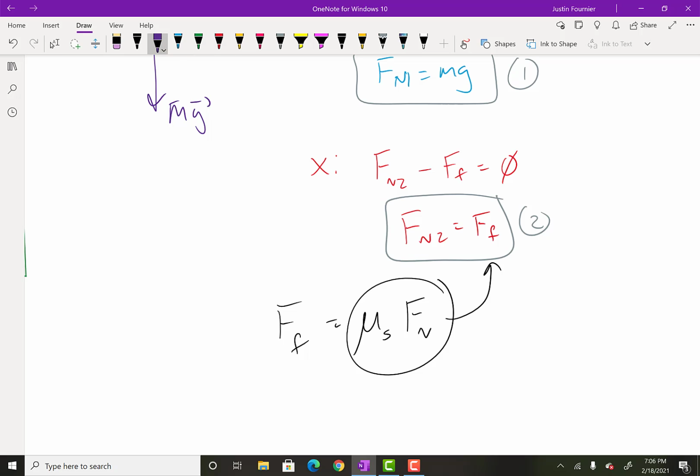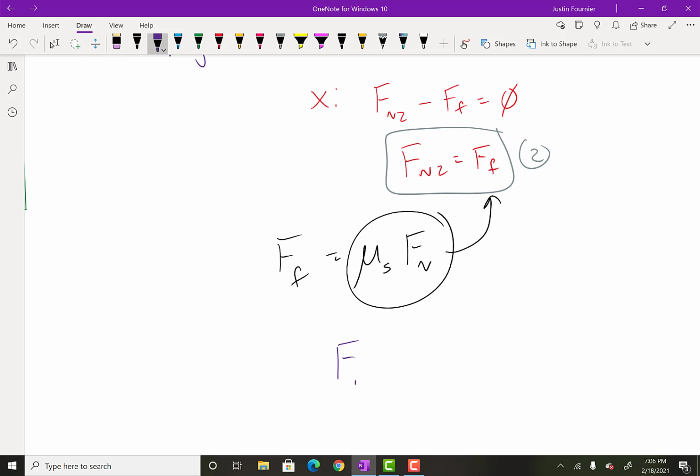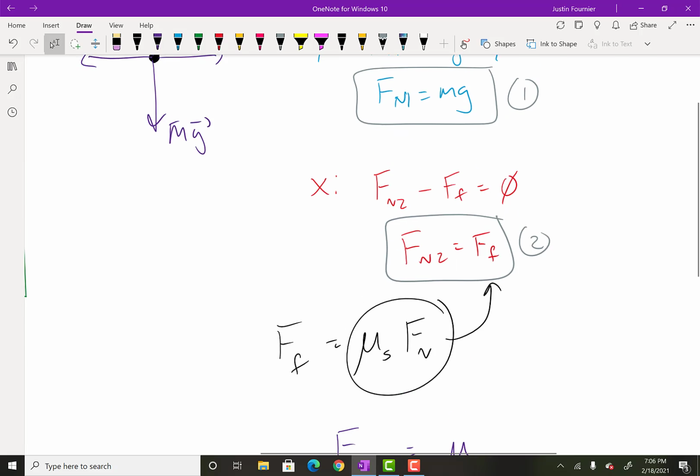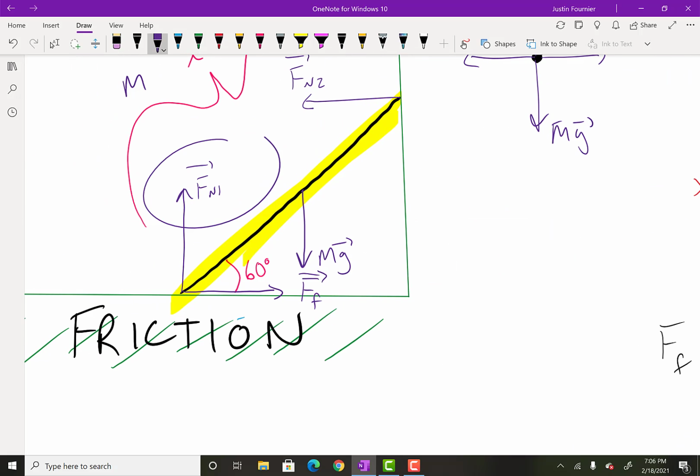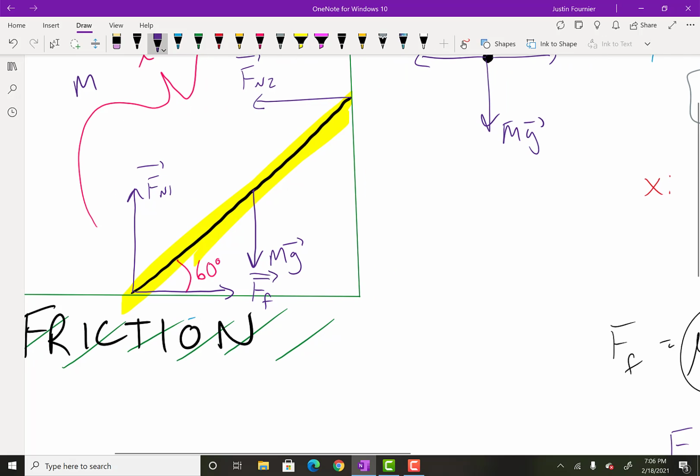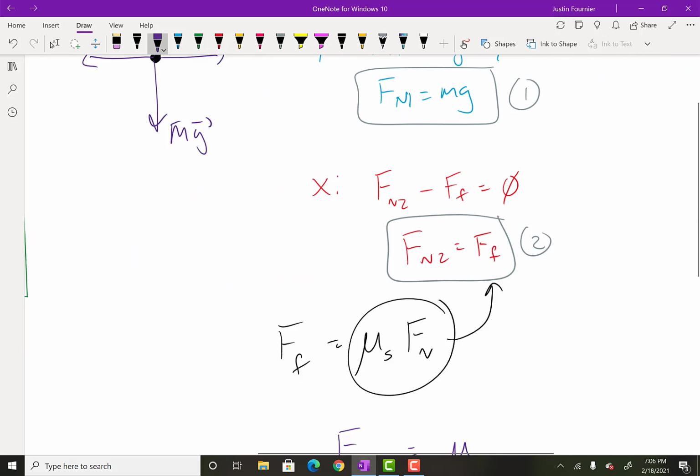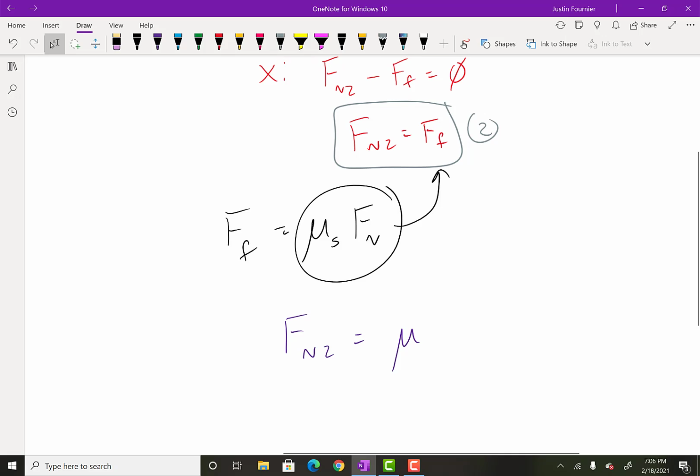And then that'll get us that the normal force 2 is equal to the coefficient of friction multiplied by the normal force. But which normal force? Well, it'd be normal force 1, because that's the force that's causing the interaction between the friction force between the floor and the ladder.